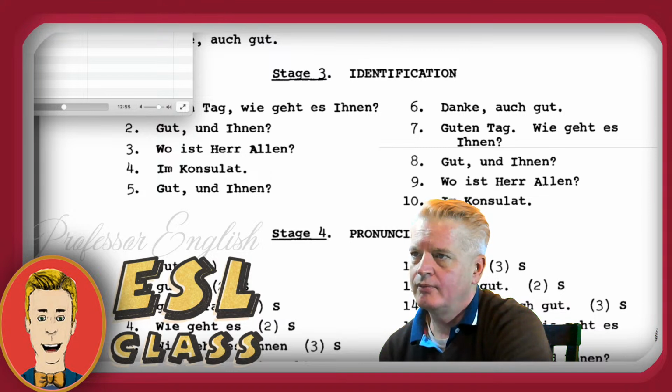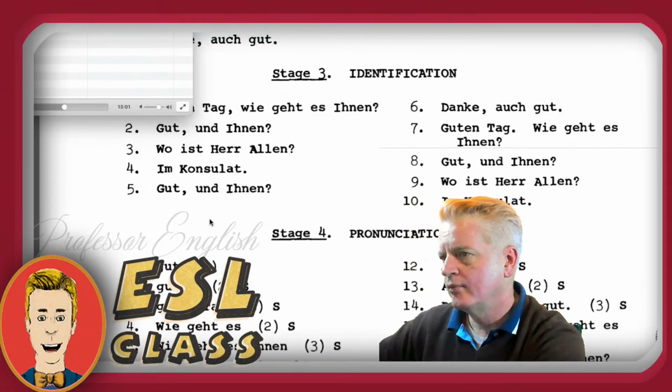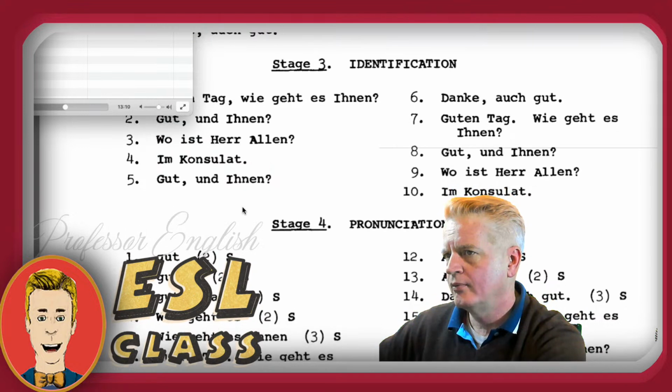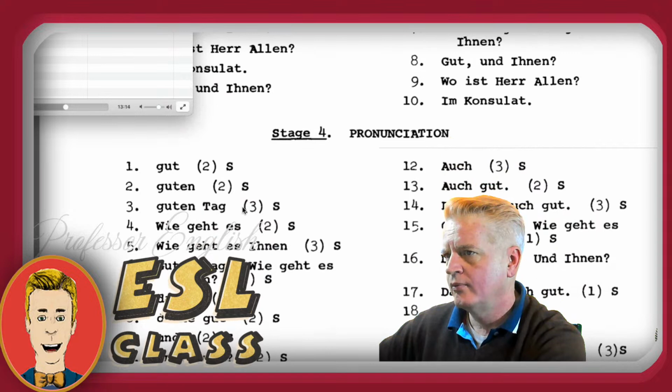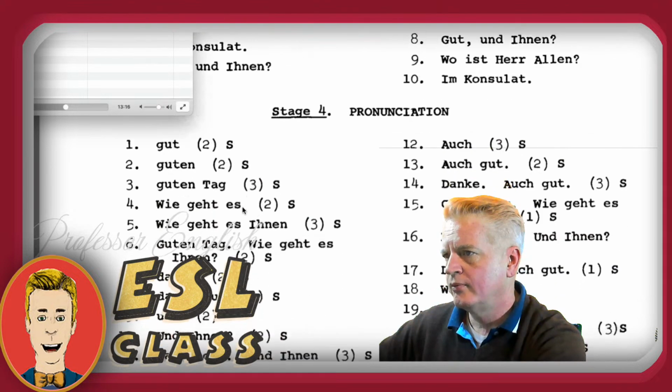Und Ihnen? 6, Danke. Auch gut. 7, Guten Tag. Wie geht es Ihnen? 8, Gut. Und Ihnen? 9, Wo ist Herr Allen? 10, Im Konsulat.